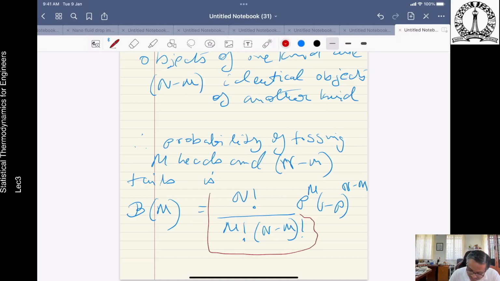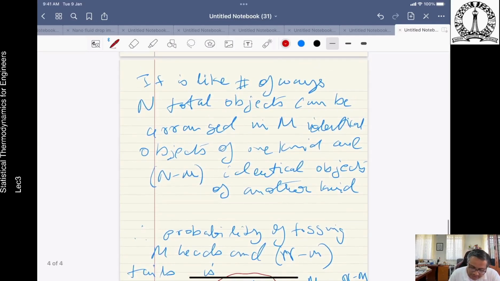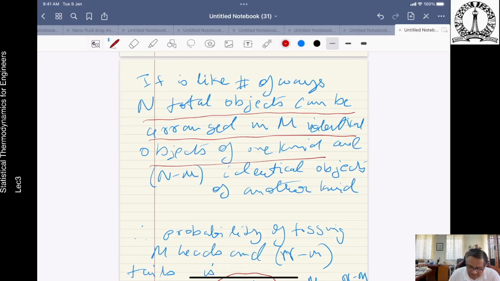This should be clear; we already learned this from our previous lecture. It is how n total objects can be arranged with m identical objects of one kind and n minus m identical objects of another kind.